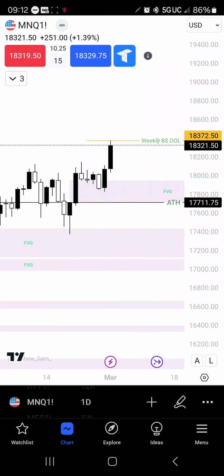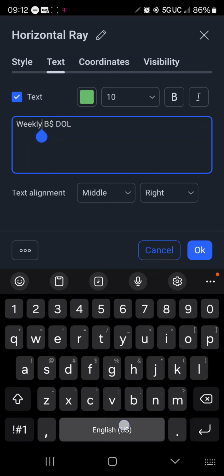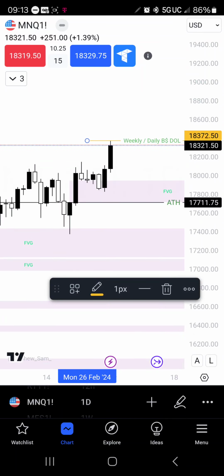All right, so I will just change this to weekly slash daily buy side liquidity, draw on liquidity.